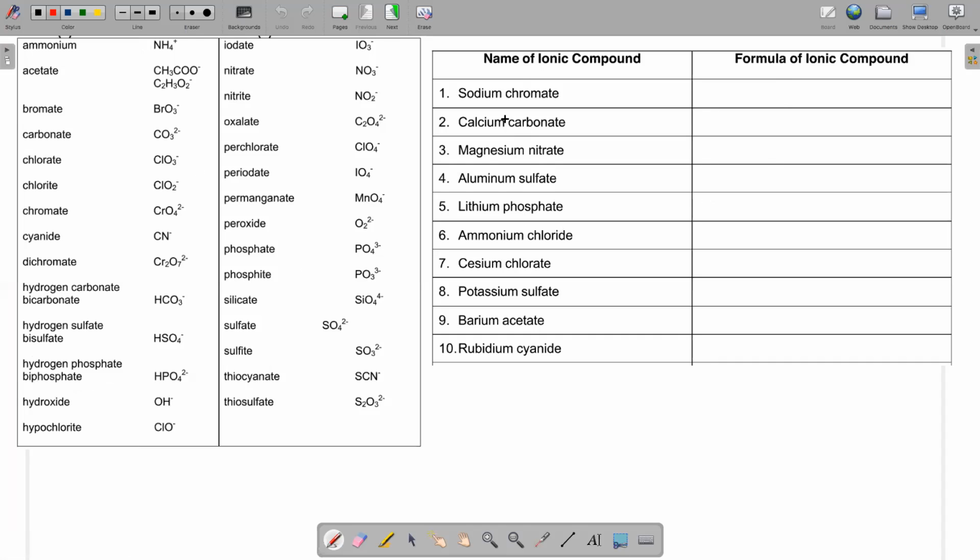It's not uncommon to see compound names like sodium chromate, magnesium nitrate, cesium chlorate. And whenever you write the formula, you have to find the ions that make them up. So first off, sodium is just the name of an element, and on the periodic table, sodium is in group 1. If you have a periodic table handy too, that's good.